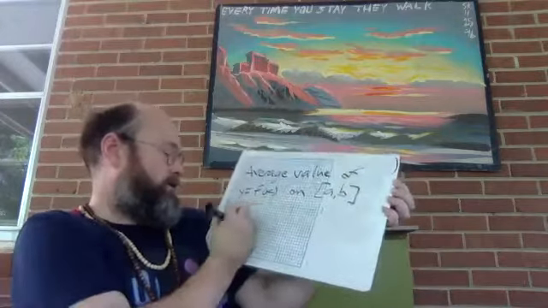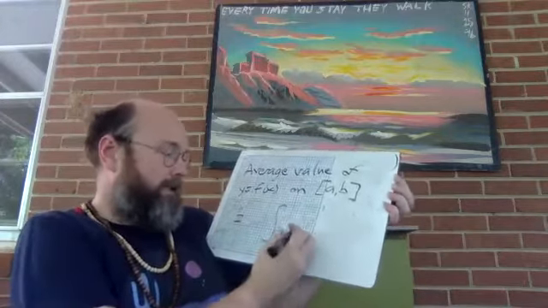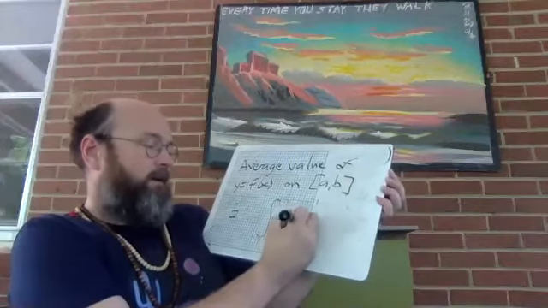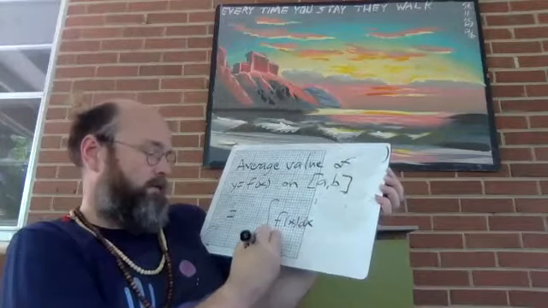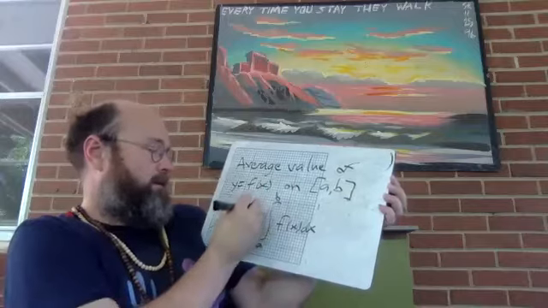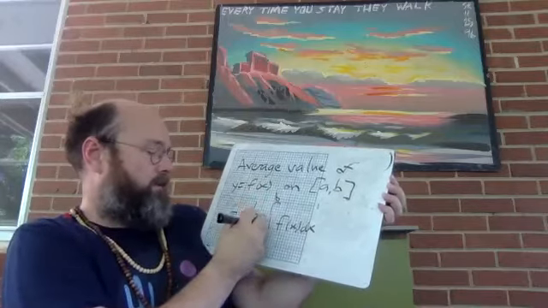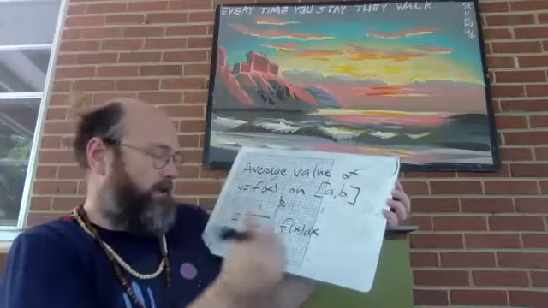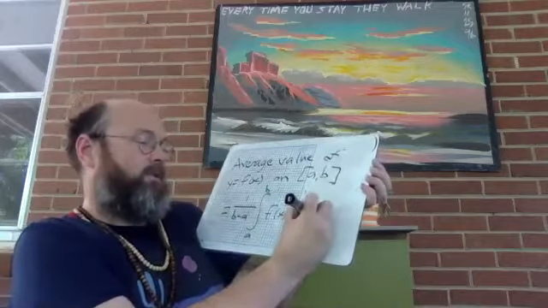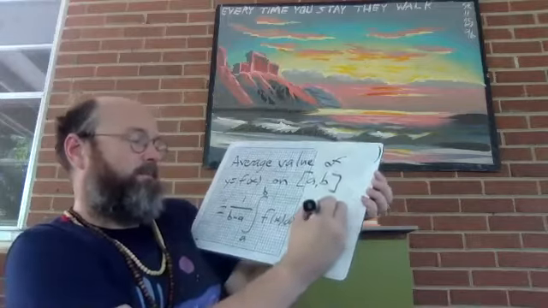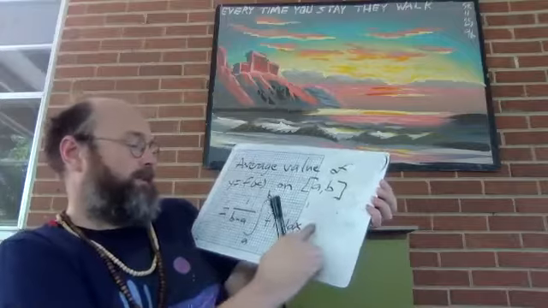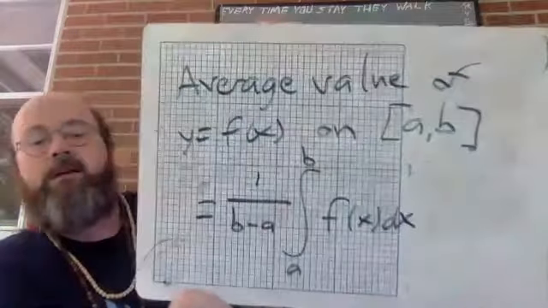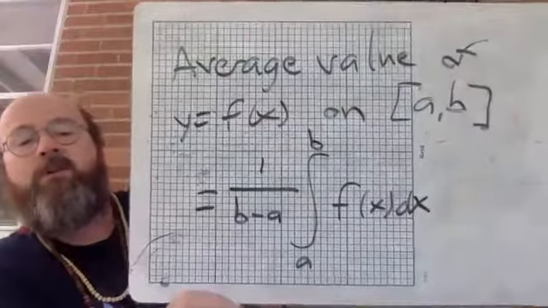And that is equal to, amazingly, the area under the curve from a to b divided by the length of the interval, b minus a. So crazy. And then of course, using the fundamental theorem of calculus, part 2, which I'm about to give, we can transform this further.